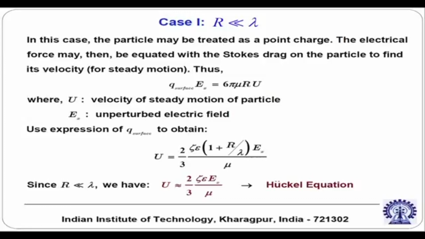It is 2 by 3 times the Helmholtz-Smoluchowski velocity. Typically in the Helmholtz-Smoluchowski velocity you have minus epsilon zeta E by mu; that minus sign is missing here, and there is a reason behind this.